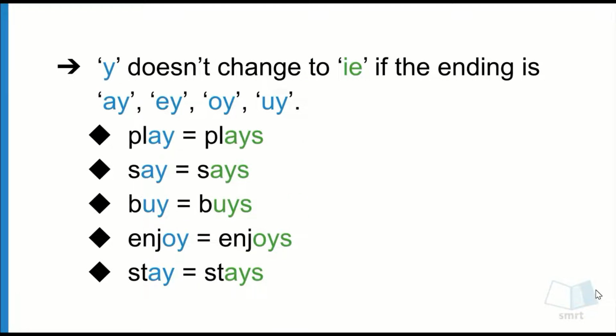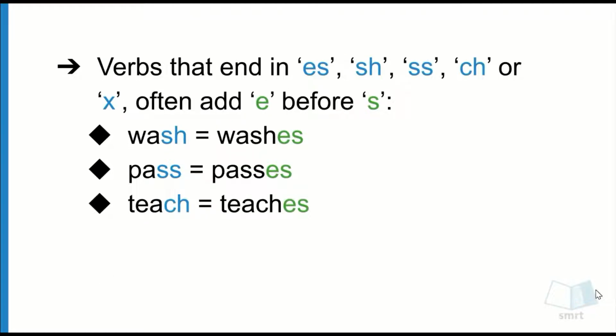Y doesn't change to IE if the ending is a vowel plus Y. So this means that when we have a vowel plus Y, we don't change them, but we just add the S at the end, like play, plays, say, says, buy, buys, enjoy, enjoys, and stay, stays. Verbs that end in SH, SS, CH, or X, we often add an E before the S, so the ending will be ES, like wash, washes, pass, passes, and teach, teaches.